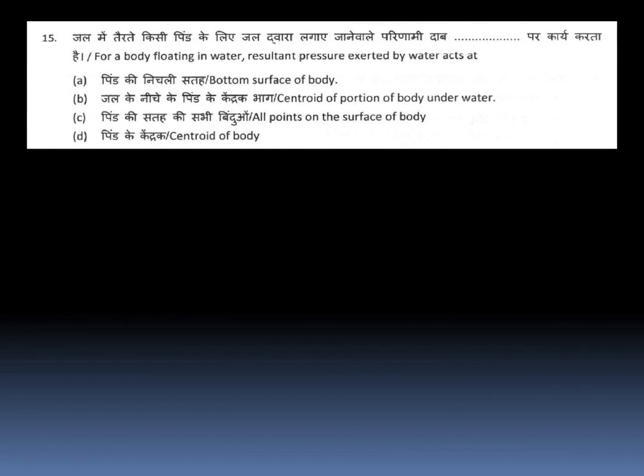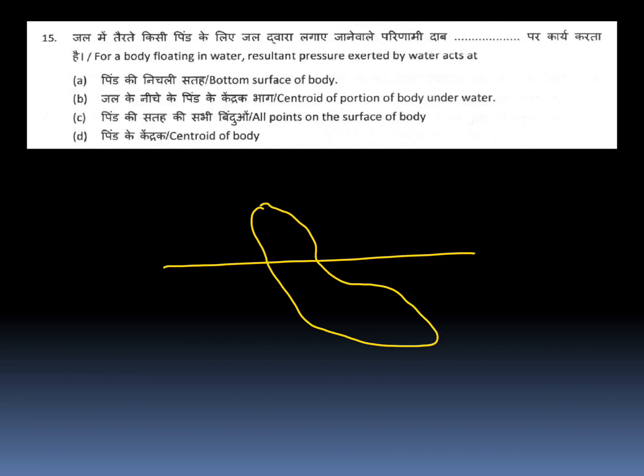15. And question is, for a body floating in water, resultant pressure exerted by water acts at. Body is floating in water. So if a body is like this, it's floating in water. Here buoyancy force, resultant force exerted by water acts at.